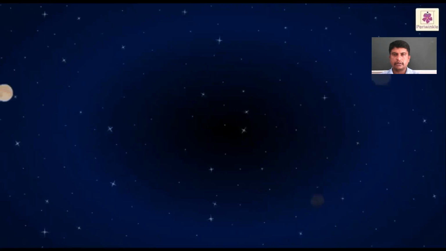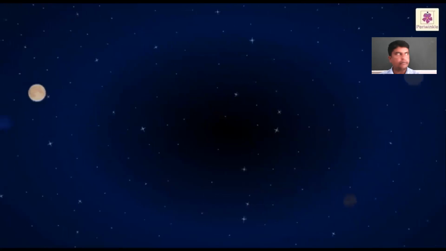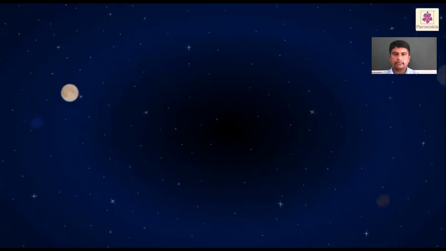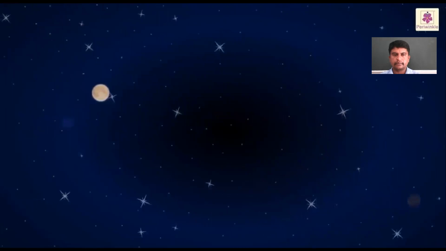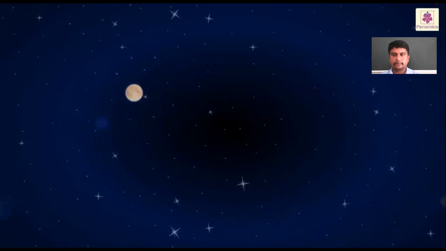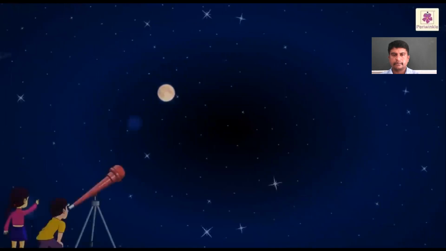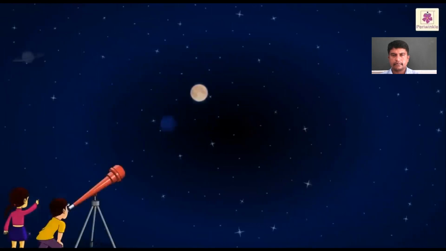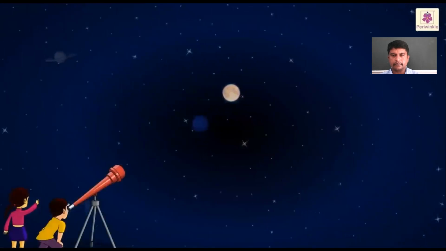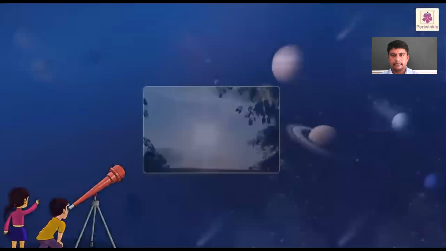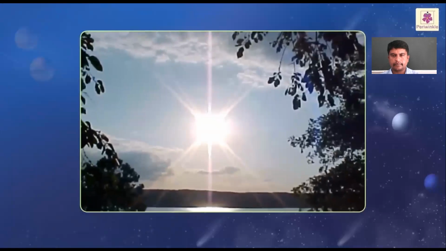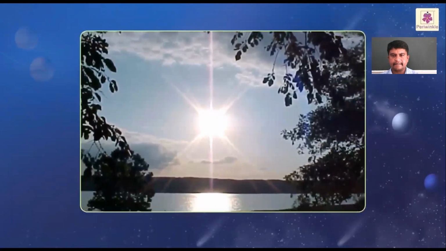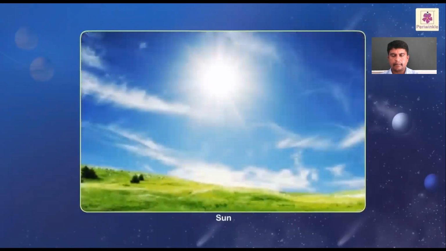The night sky dotted with thousands of twinkling stars, the moon, and the planets is a beautiful sight. Every child wonders about what lies beyond the sky. The bright ball seen in the sky during the day is the sun.